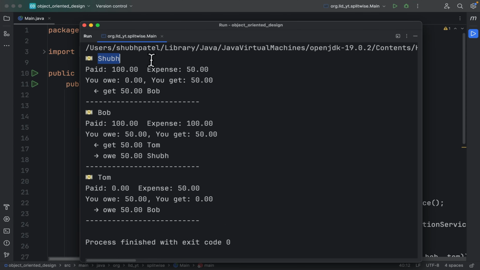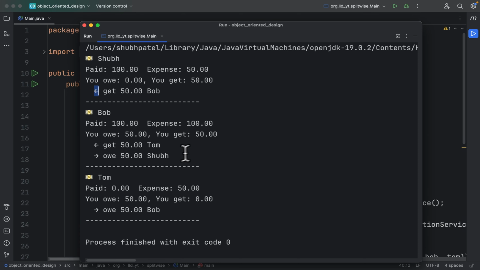So as you can see, initially I was the one who paid the bill for lunch day one, right? So that's why $100 is mentioned in paid, and the expense is $50 because 50 is what I should have actually paid, and another 50 will be paid by Bob. So here it is showing that Bob will pay me $50.